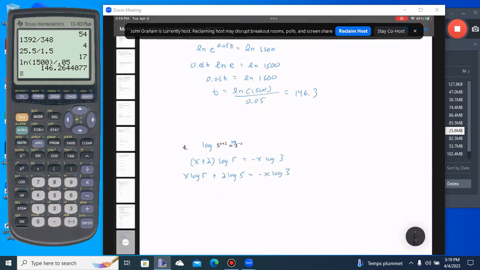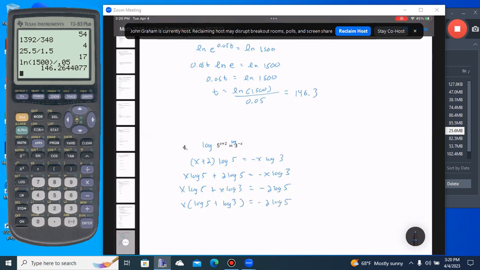We'll move the negative x log 3 to the other side: x log 5 plus x log 3. And move the 2 log 5 to the right side, so we get negative 2 log 5. Now we can factor out an x. So x times log 5 plus log 3 equals negative 2 log 5.